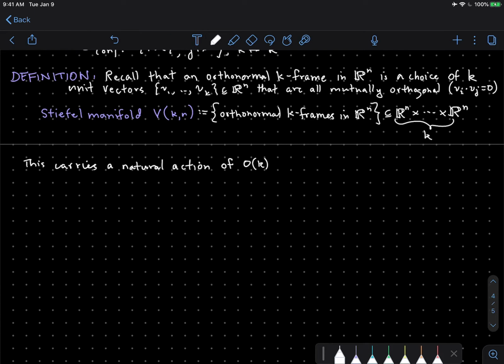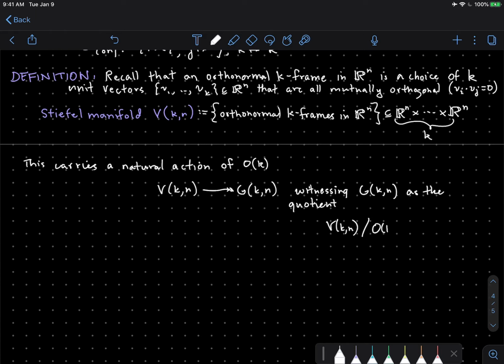And furthermore, there is a surjective map from V_k(R^n) onto the Grassmannian G_k(R^n), witnessing G_k(R^n) as the group quotient of V_k(R^n) by the action of the orthogonal group.